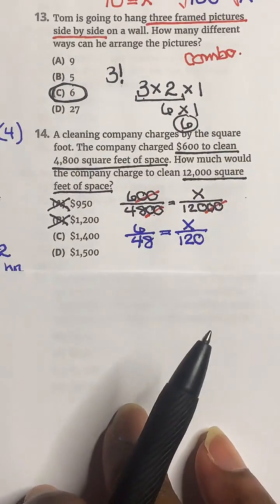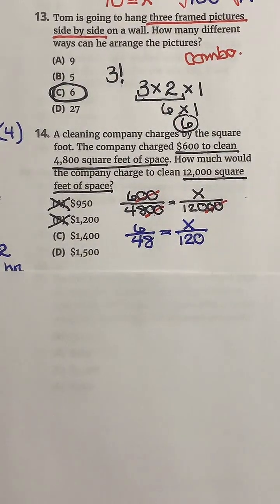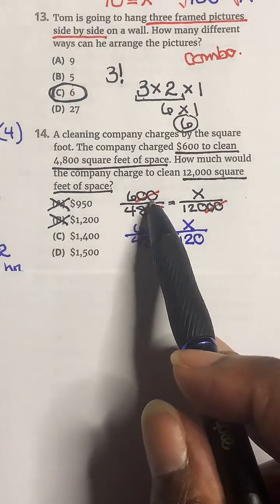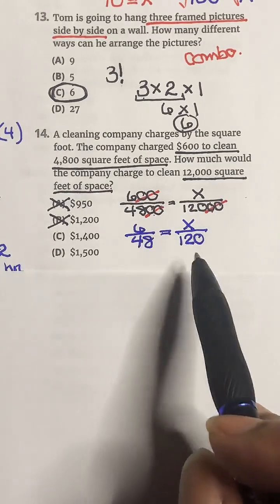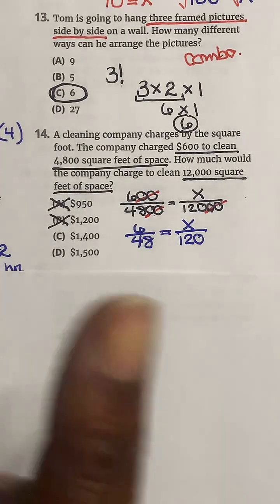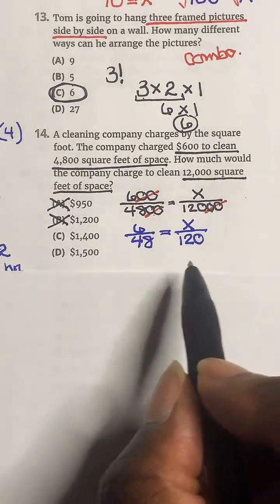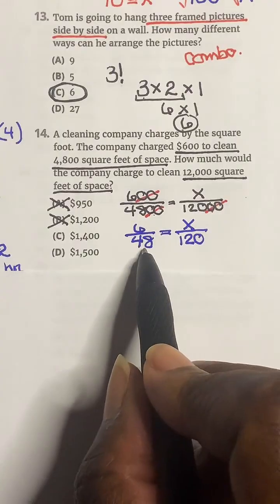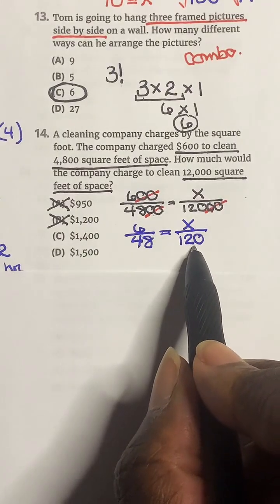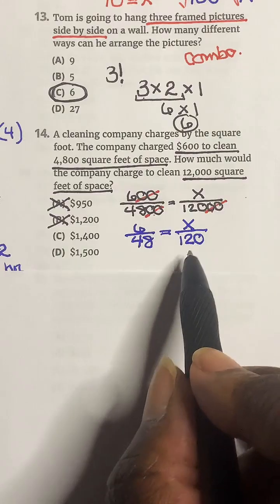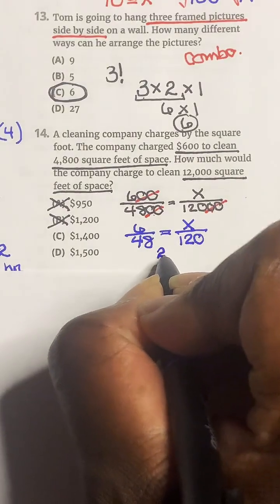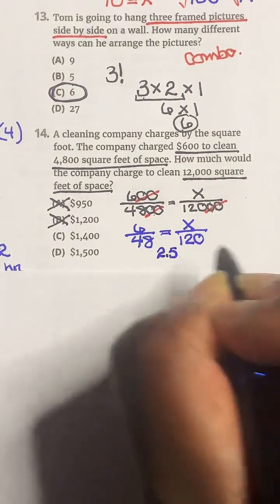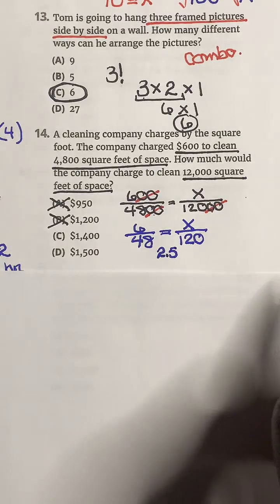So much more manageable. And guess what? You're going to get the same answer, especially when you cancel out the same amount of zeros. From here, you can do the cross multiplication, or you can try to figure out the pattern from 48 to 120. I know that if I multiply 48 by 2.5, I'm going to get 120.